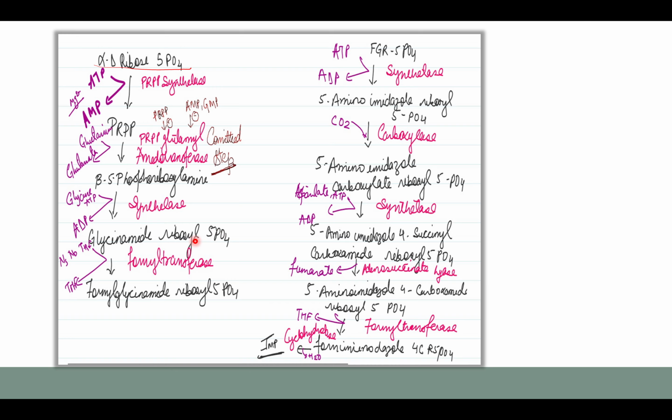Glycinamide ribosyl 5 phosphate, in the presence of the enzyme formyl transferase, forms formyl glycinamide ribosyl 5 phosphate, converting N5,N10 tetrahydrofolate to tetrahydrofolate. This FGR 5 phosphate, in the presence of synthetase enzyme, utilizes one molecule of ATP to form 5 amino imidazole ribosyl 5 phosphate.